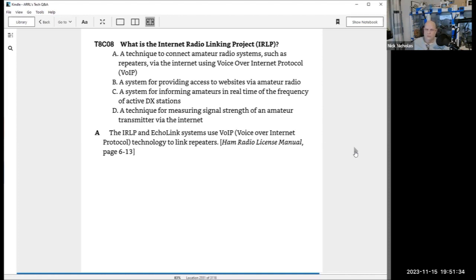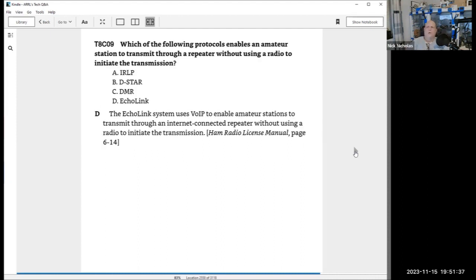Which of the following protocols ensures an amateur station can transmit through a repeater without using a radio to initiate transmission? Well, one of those internet radio links is specifically designed to allow you to transmit without using a radio, and that one is called Echolink.